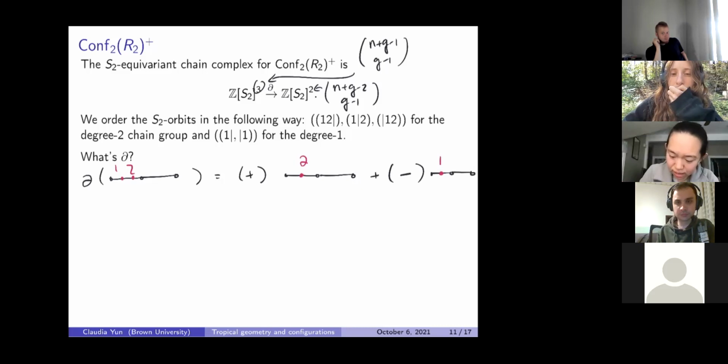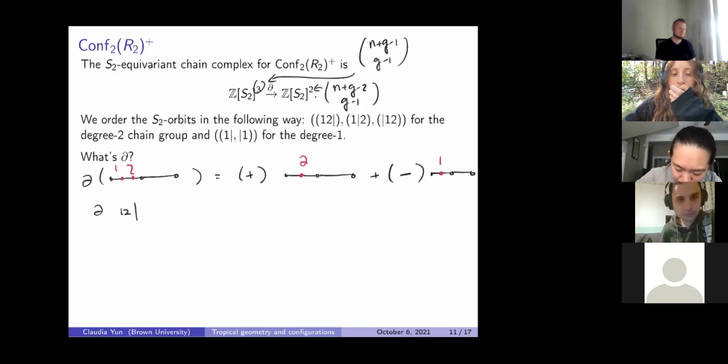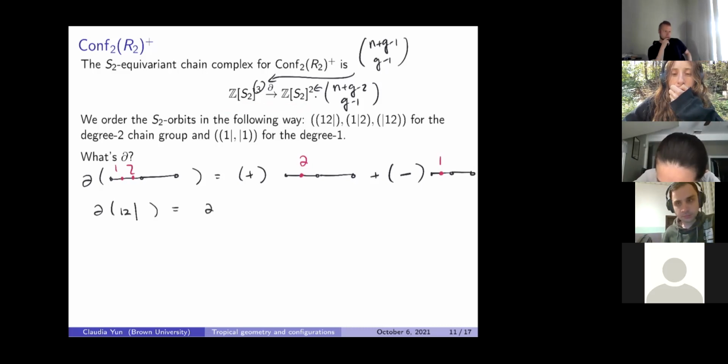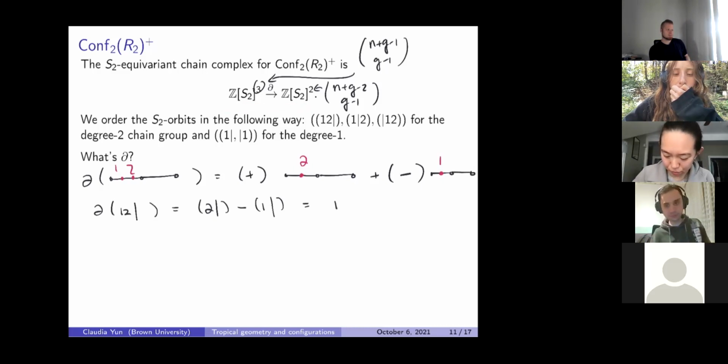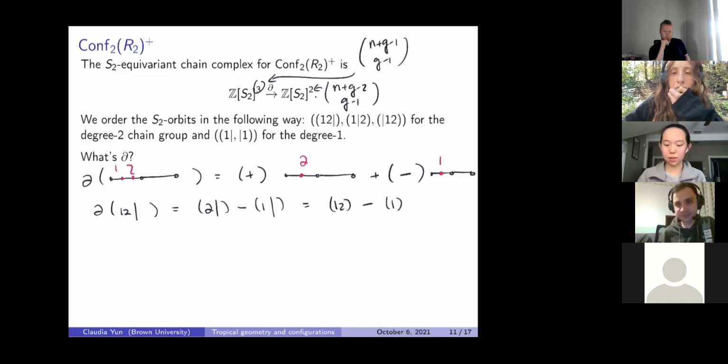And in our notation as Z S2 modules, we can write del of 1, 2 bar equals 2 bar minus 1 bar, or as permutations of the identity, this is going to be 1, 2 minus the identity, which I'm going to write as 1.